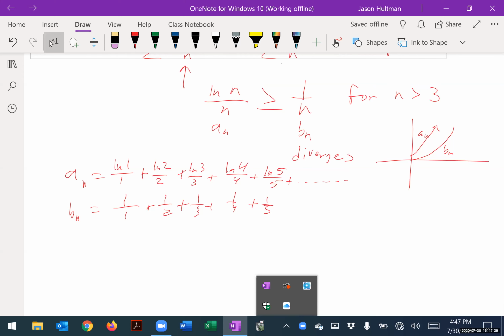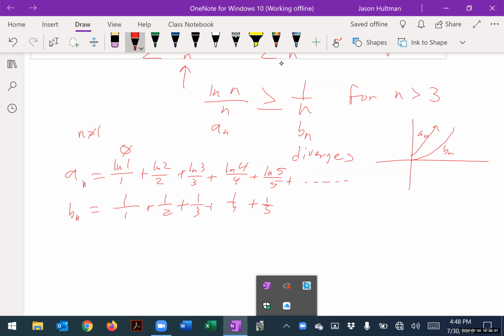Well, for a sub n, I'm going to just write the values above them. The natural log of 1 over 1 is 0. So that doesn't quite work. 0 is smaller than 1, so that doesn't work for these terms. When n equals 1, this fails.